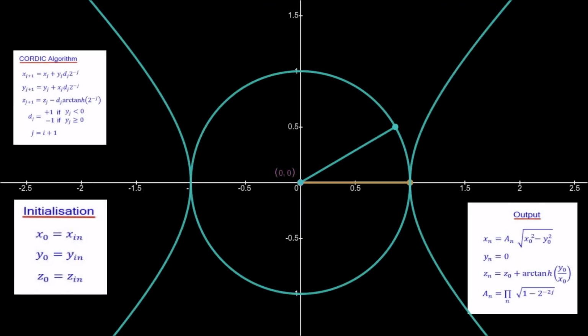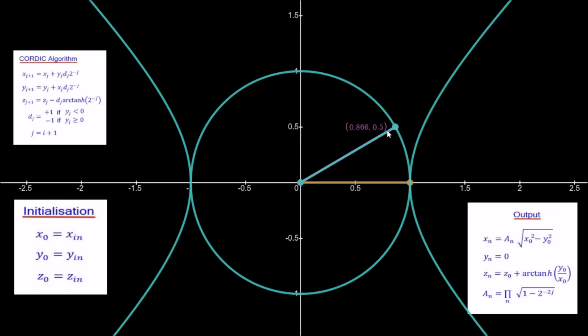I've added the CORDIC algorithm, the initialization and also the output into the graphical calculator here. Let's say we start off with 2 familiar lengths which we've used previously: 0.866 for the x and 0.5 for the y.